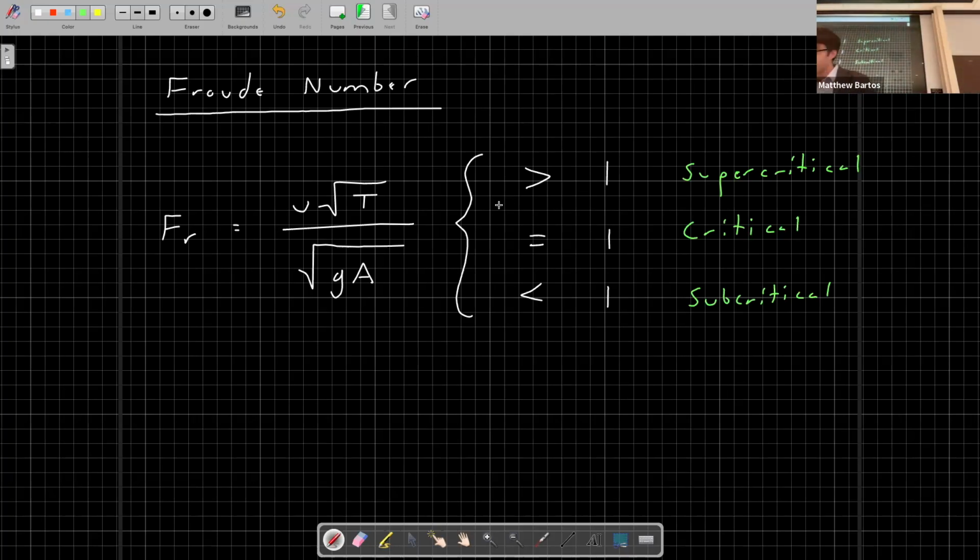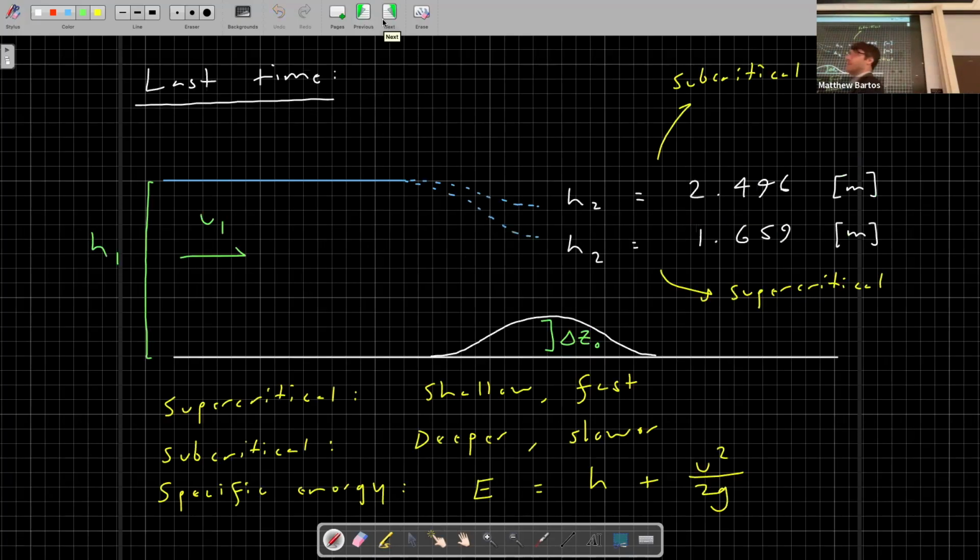All right. So we didn't quite finish our mystery problem. We found that the depth at the bump is going to go down, but we don't yet know which of these two solutions is the correct one. So how can we figure out which of these two solutions is the right one?